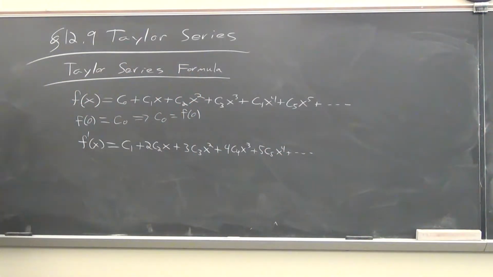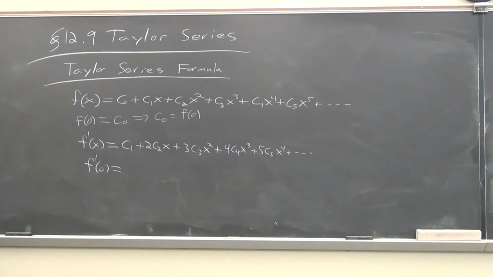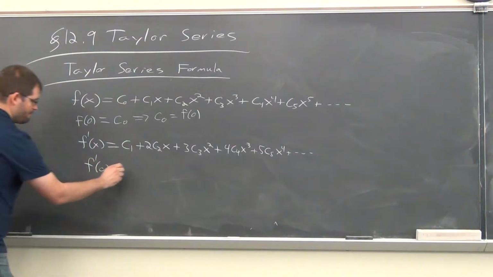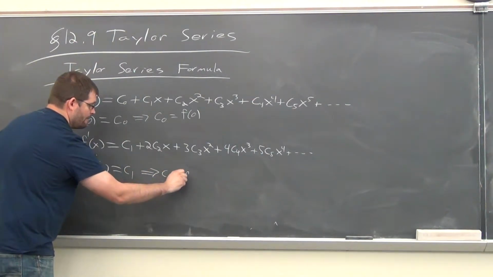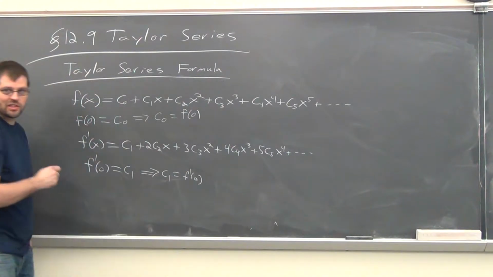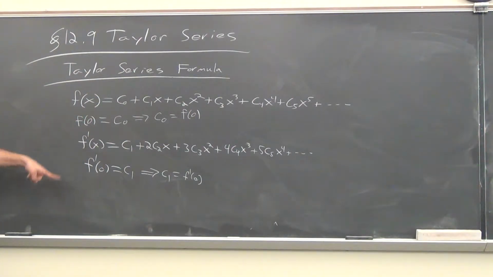So what if I plug in 0 to this derivative? What do I get? C1. So if we're going to have a series that represents a function, c1 has to be the derivative of that function at 0. Does that make sense? And so it should be pretty clear that's how this formula is going to work.